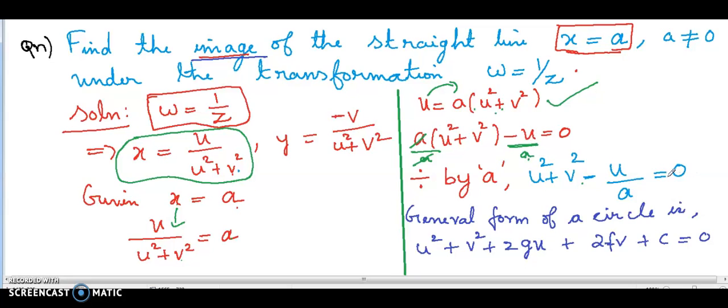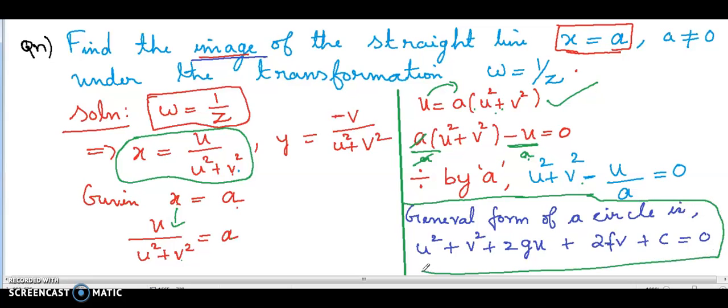We divide this to bring it into the general form. The general form of a circle is U square plus V square plus 2gU plus 2fV plus c is equal to 0. Dividing by a, the first two terms give U square plus V square, so we can compare this equation with the general form of the circle. The third term is U by a.